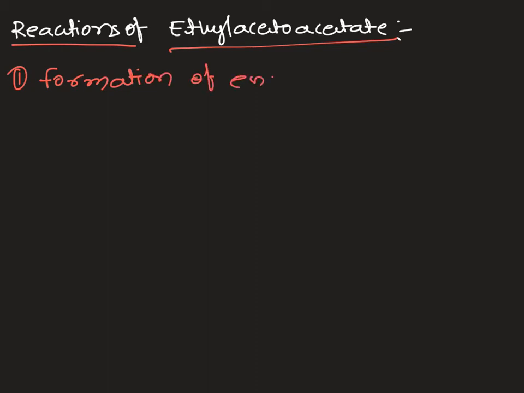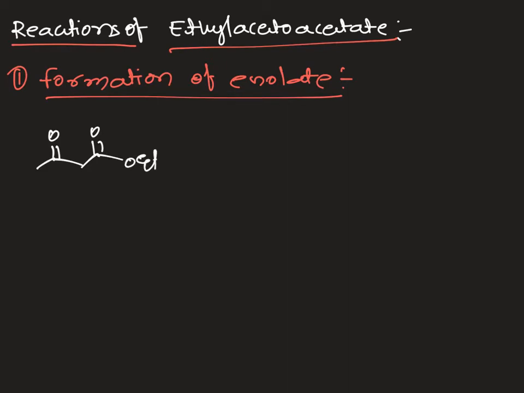Formation of enolate. Ethyl acetate reacts with sodium ethoxide base, and we know that ethyl acetate has an active methylene group, and these two hydrogens are highly acidic in nature.